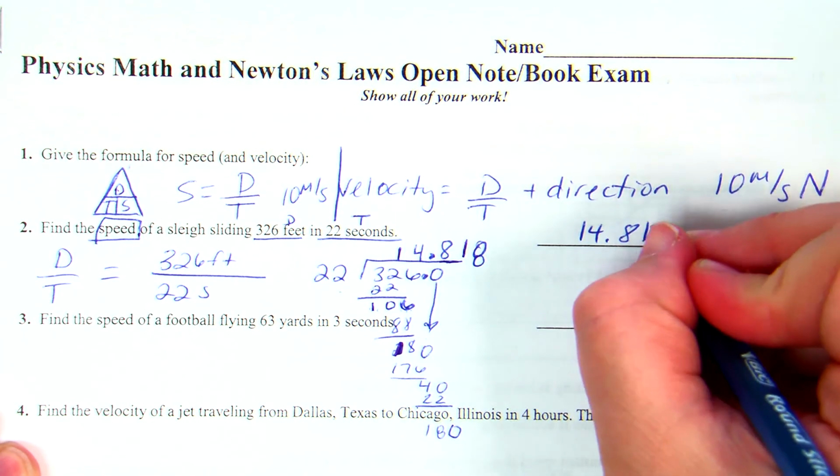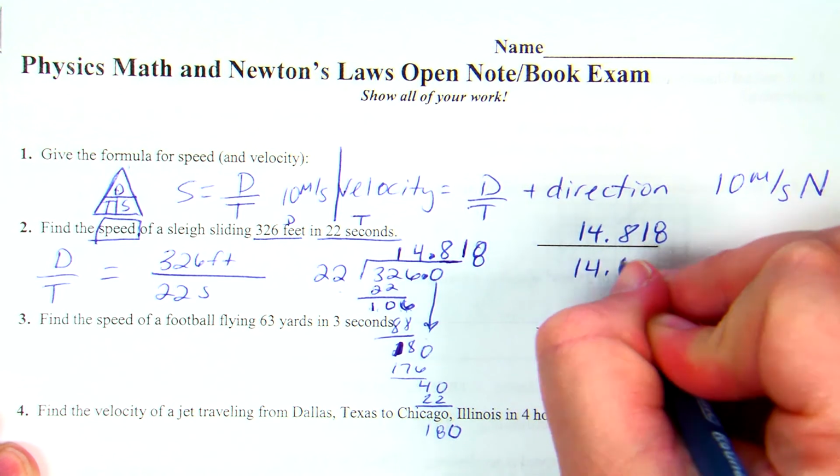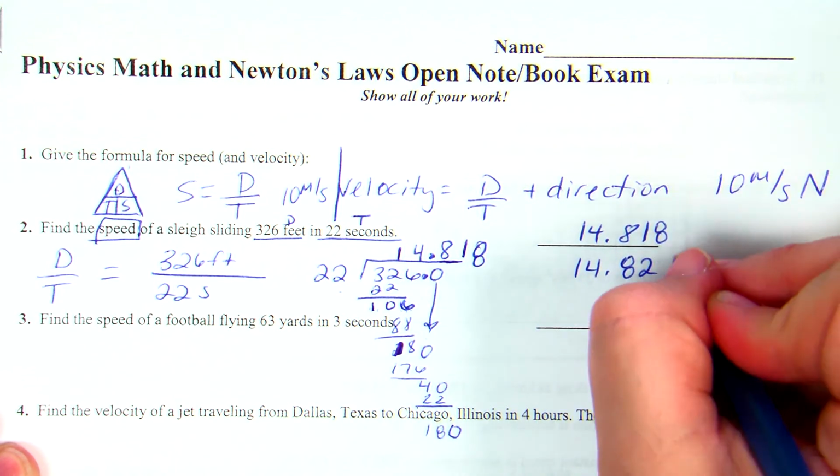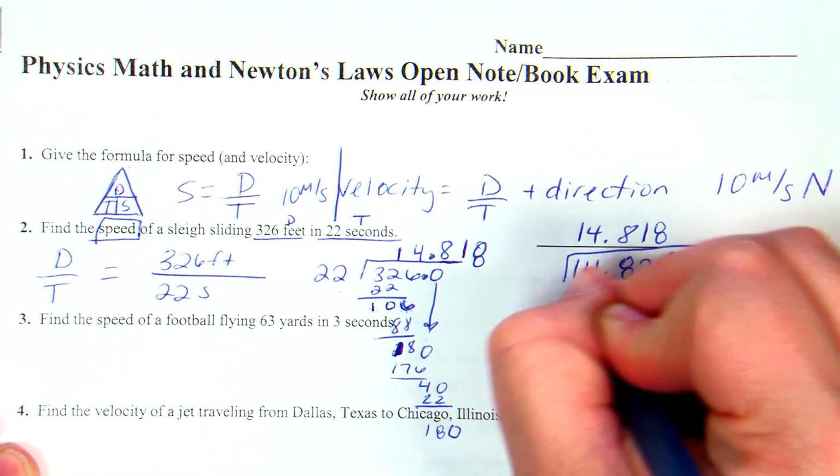So you could say it was 14.818 or 14.82 feet per second. Okay?